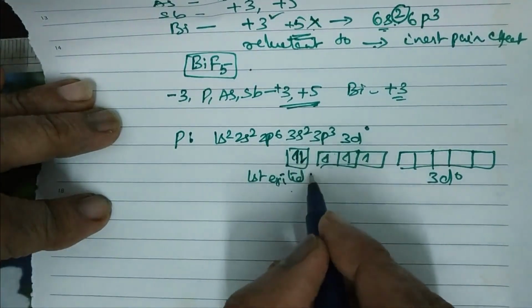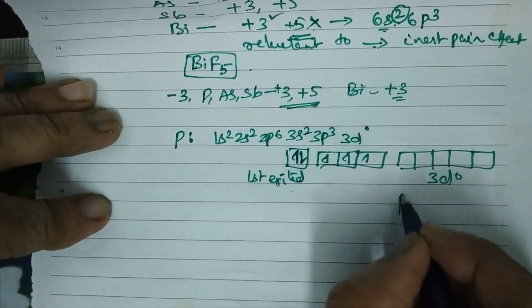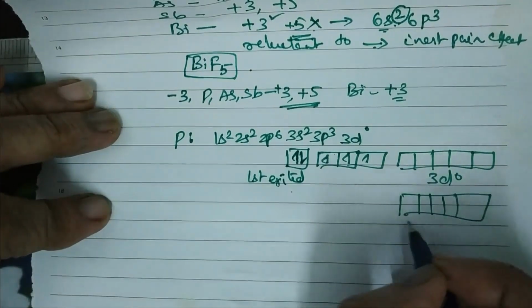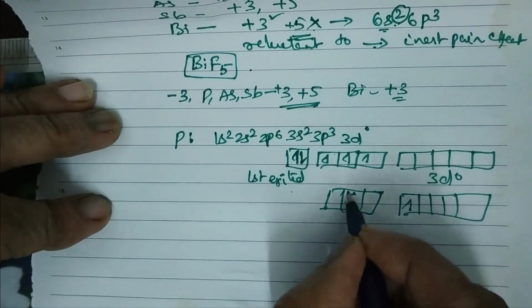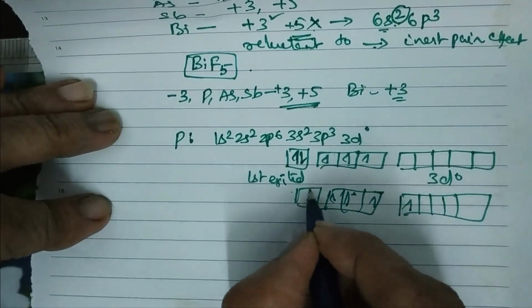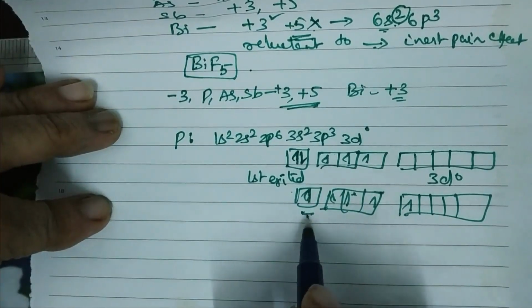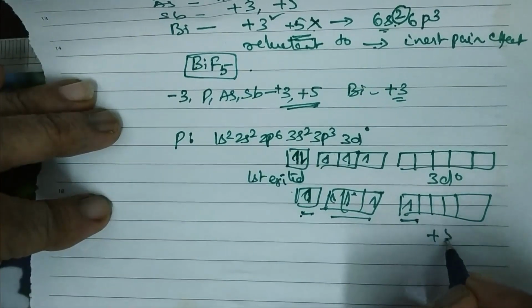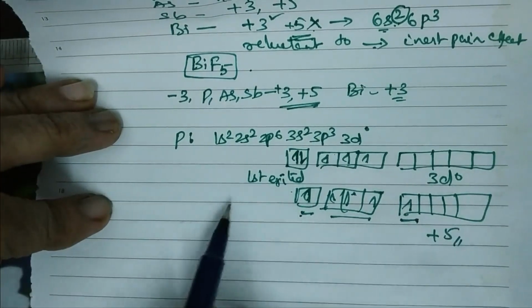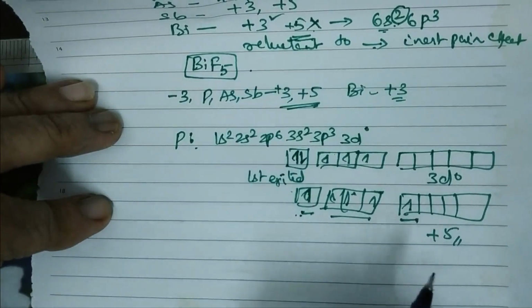The paired electrons in the 3s orbital split into single electrons, and one of them occupies a 3d orbital. So here we have 5 unpaired electrons: one s electron, 3 p electrons and 1 d electron. So it will show the +5 oxidation state. Similarly, arsenic and antimony also show the same +5 oxidation state.